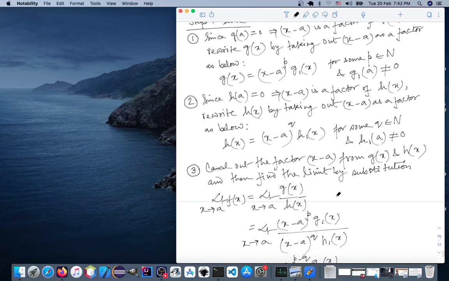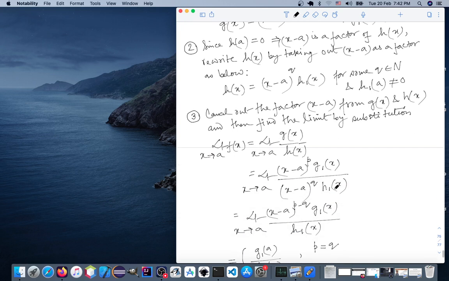So the limit of f(x) as x tends to a equals the limit of g(x) by h(x), which, after rewriting g(x) and h(x), becomes the limit of (x minus a) to the power p into g1(x) divided by (x minus a) to the power q into h1(x). This is further simplified as (x minus a) to the power p minus q into g1(x) by h1(x).